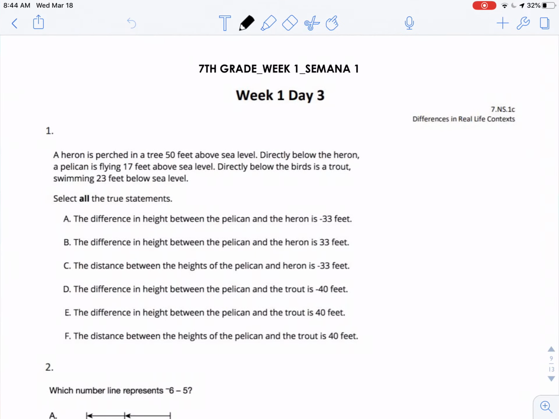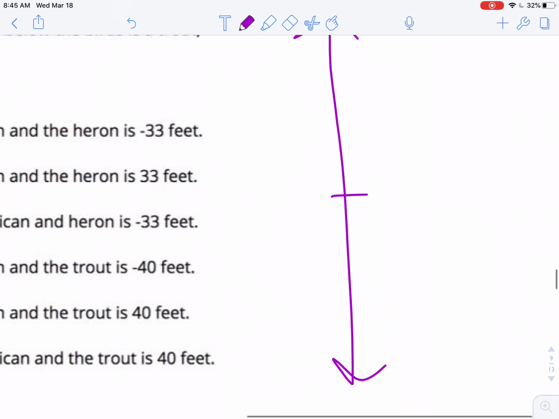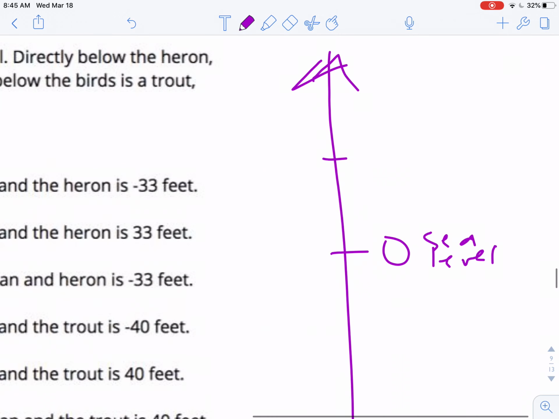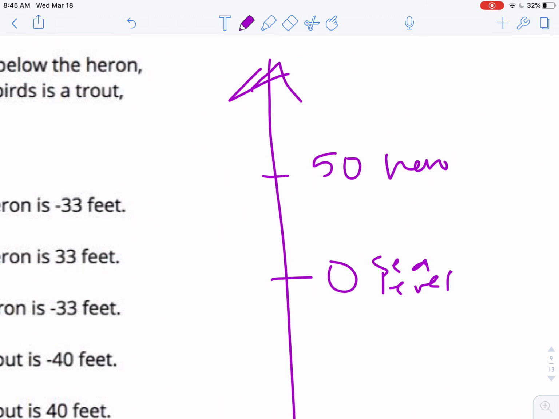Okay. Week 1, Day 3. A heron is perched in a tree 50 feet above sea level. I need a number line. 50 feet above sea level. So let's call this sea level. And there's a tree 50 feet above, and that's the heron.